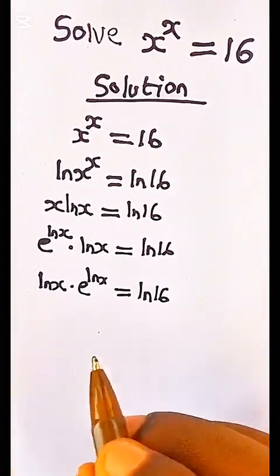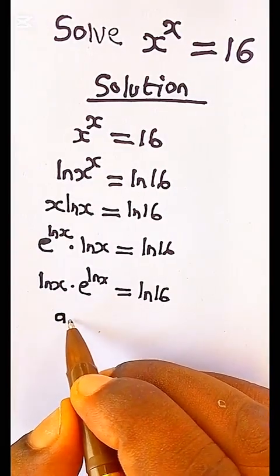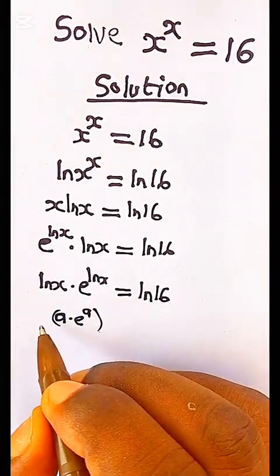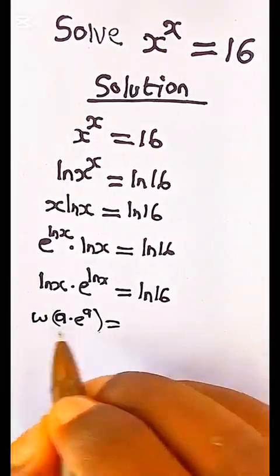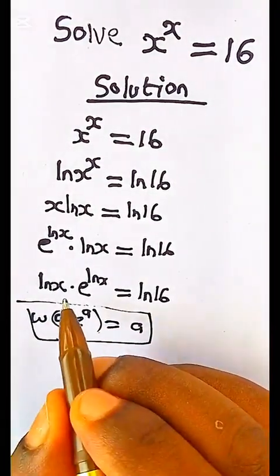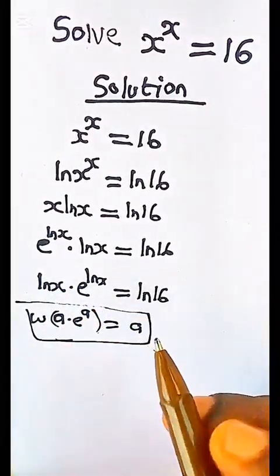The Lambert W function says that if you have something like a multiplied by exponential a, if you apply the Lambert W function, everything here will become a. Just observe. So let us subject this and this to that function.